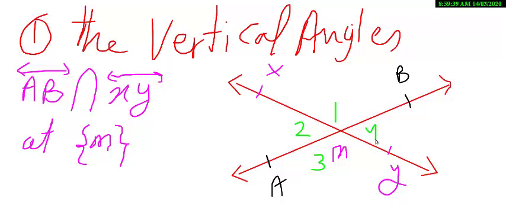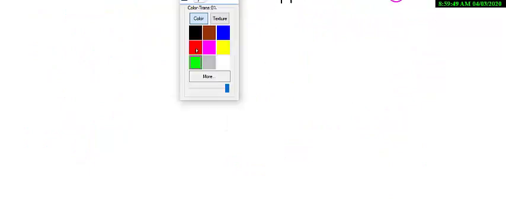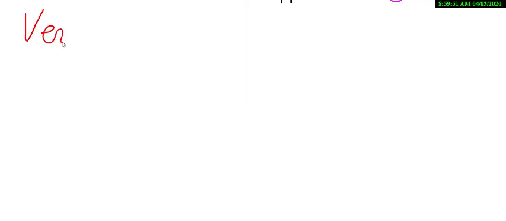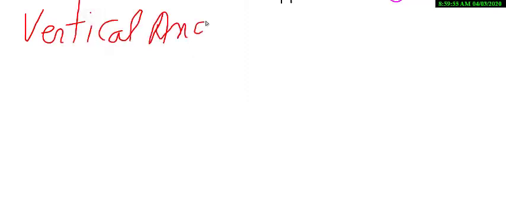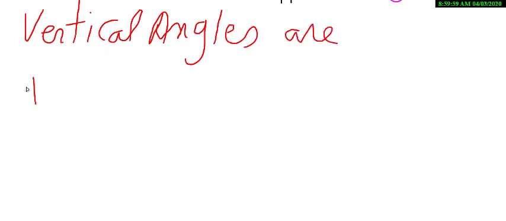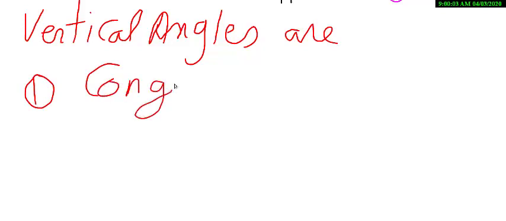So I can say the properties of the vertical angles. Number 1, they are congruent. What does it mean?